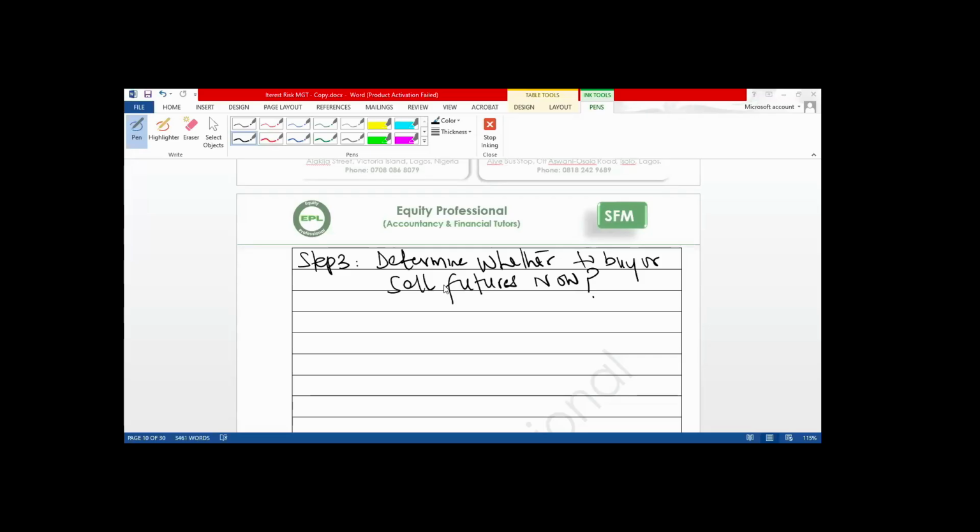In that case, your company will sell what? Futures. If your company is planning to place investments at a future period, in that case, your company is a lender. Your company will buy futures.